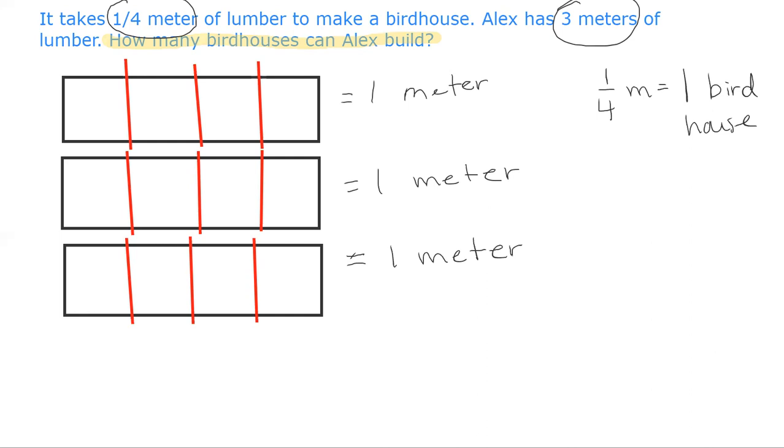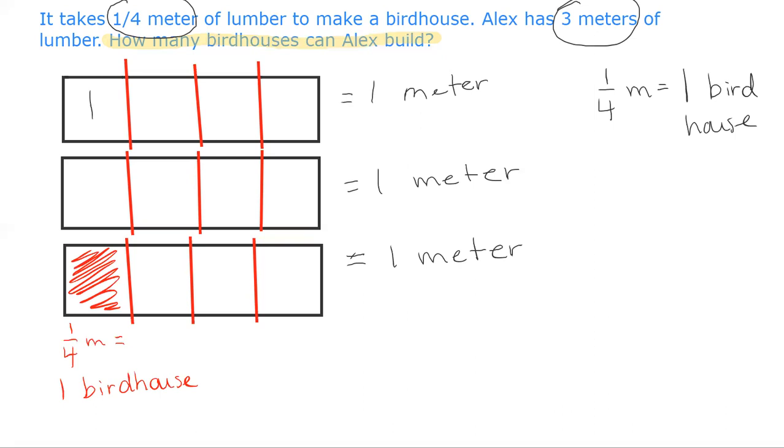And I also know that one of these pieces, if I was just looking at one, let's say I'm looking at this one down here, this is 1/4 meter, which I know is equal to 1 birdhouse. So all I need to do to figure this out is count how many birdhouses Alex can make with his 3 meters.